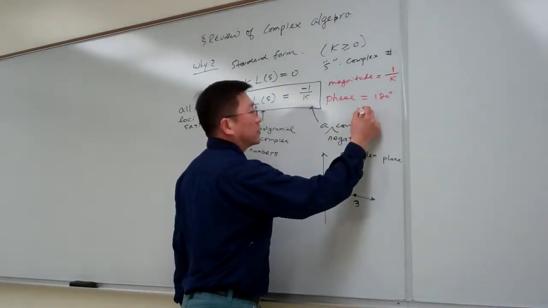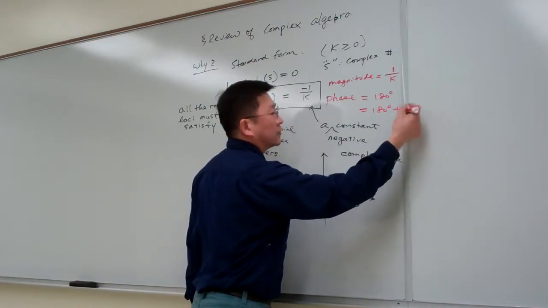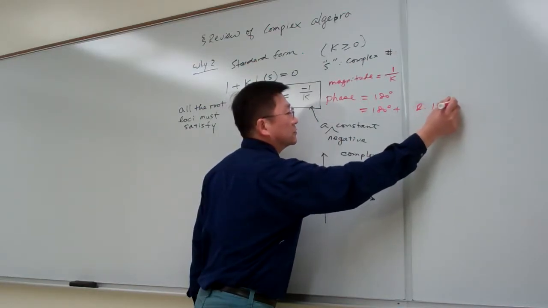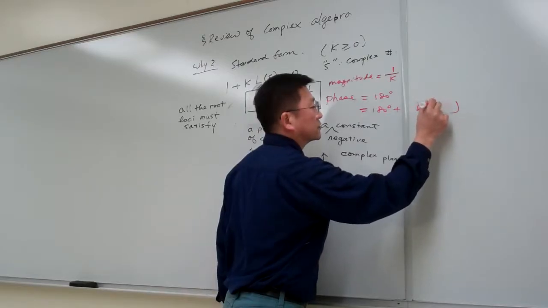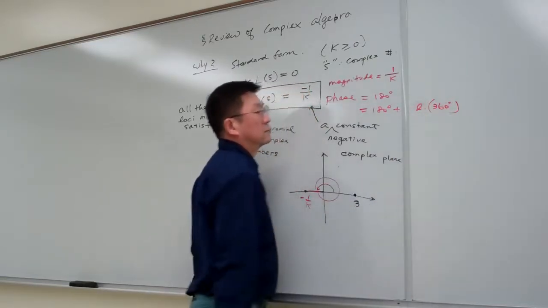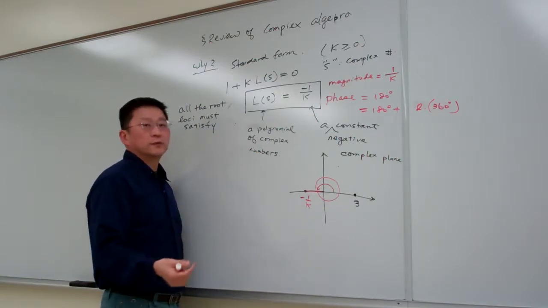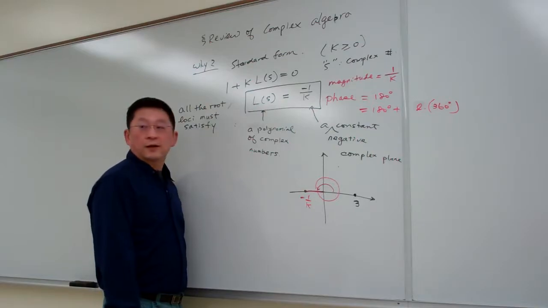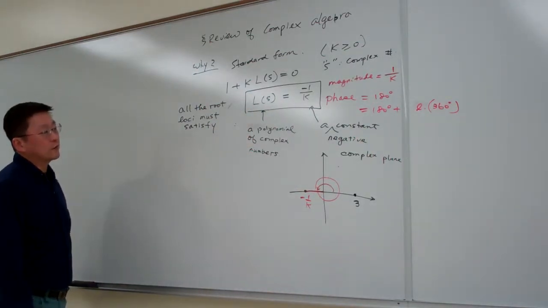So we can say 180 degrees plus L times 360 degrees, right? And L can be any number, 0, 1, 2, 3, or negative, negative 1, negative 2, negative 3, etc.